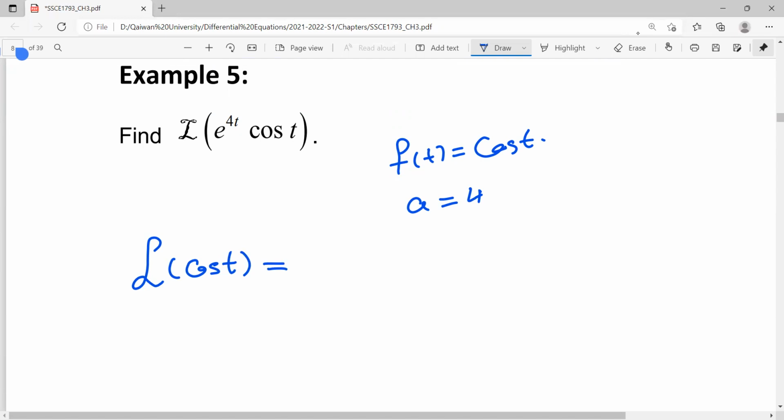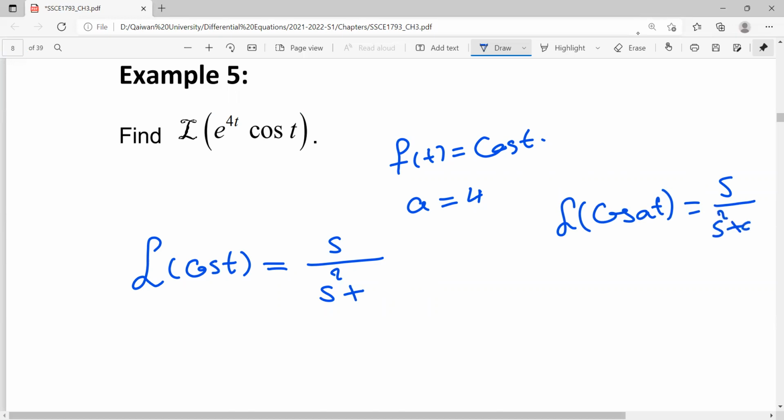It equals s dividing by s squared plus this coefficient squared, which is 1. The coefficient of the angle is 1. We say the Laplace transform of cosine at is s dividing by s squared plus a squared.